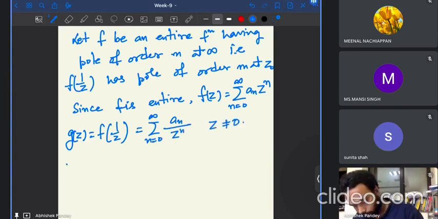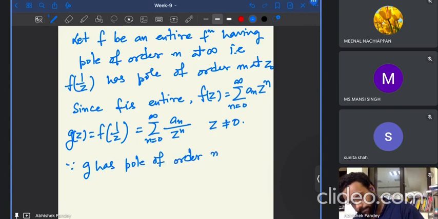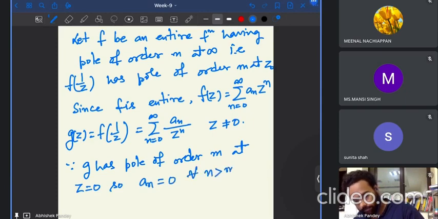Since g has a pole of order m at z equals 0, a_n is equal to 0 for every n greater than m.